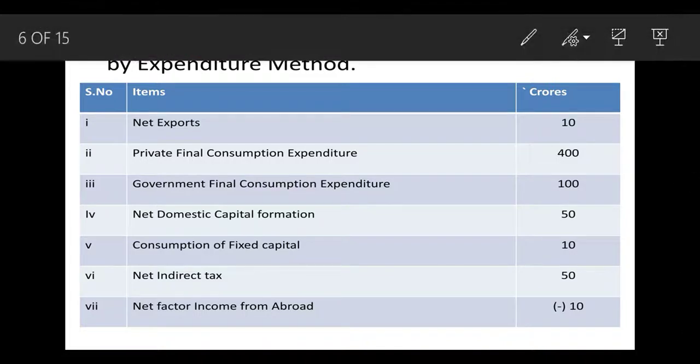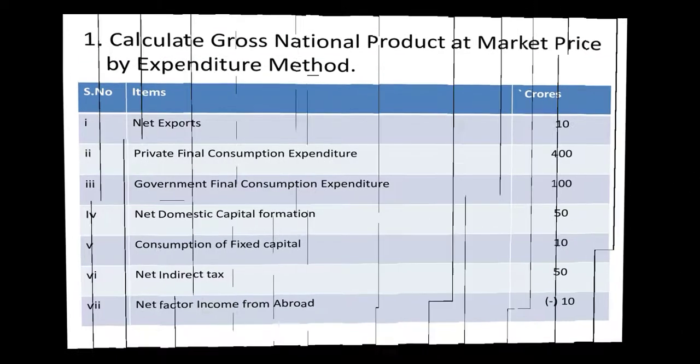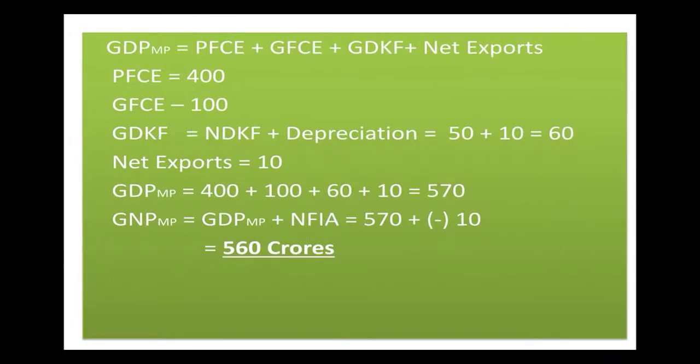So we will calculate it like this. First of all, write the formula: private final consumption expenditure plus government final consumption expenditure plus gross domestic capital formation plus net exports. Here private final consumption expenditure is given as 400, government final consumption expenditure is 100, and gross domestic capital formation we need to find.